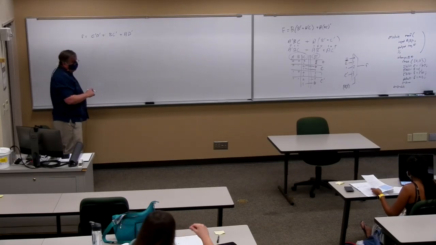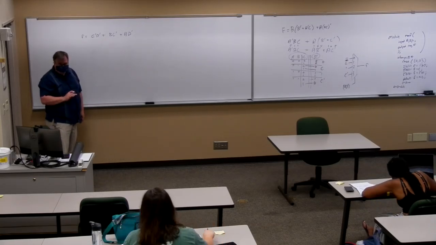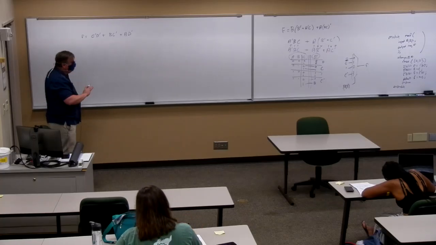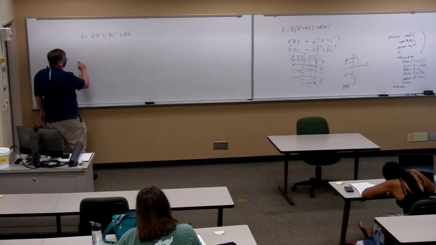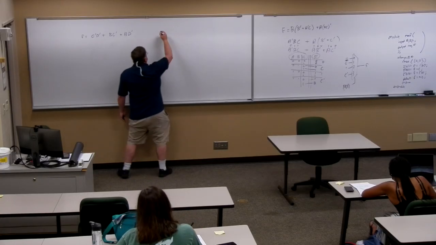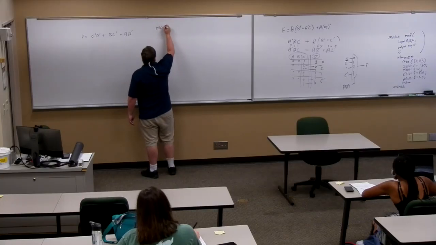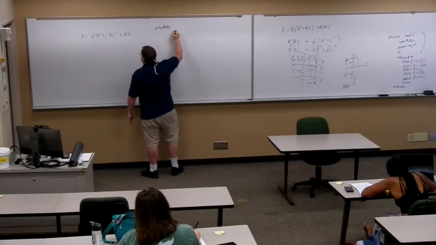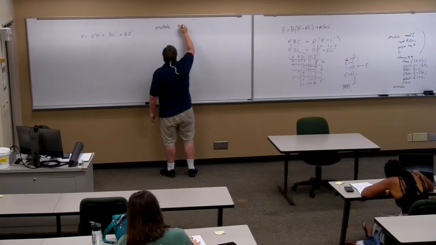So the assign statement is really easy because I don't need any intermediate variables. That's one of many great things. Actually, let me just put a generic module, this function.